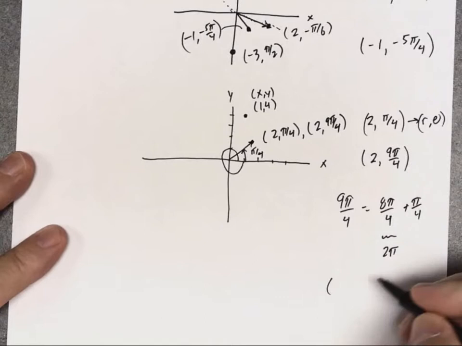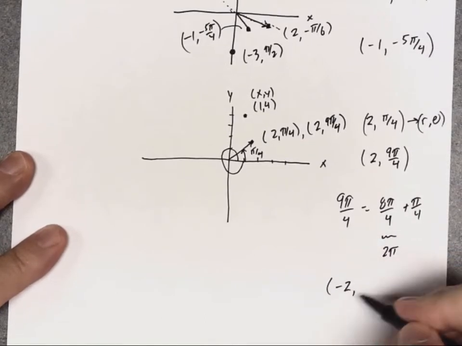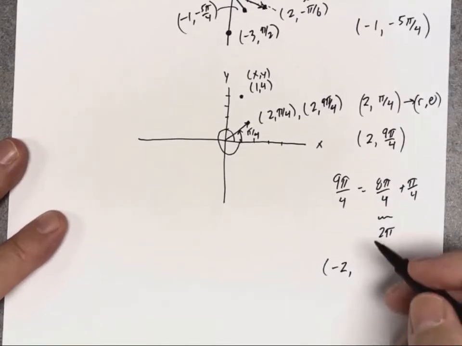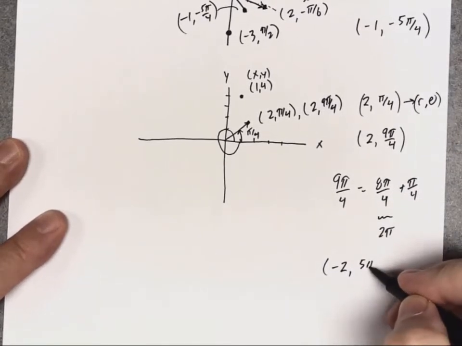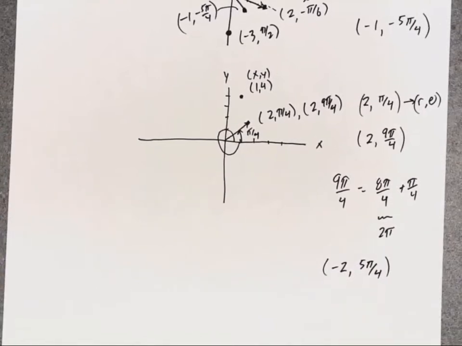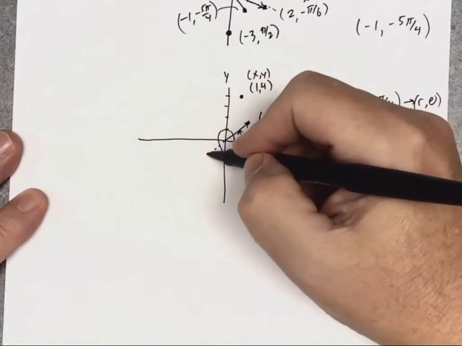Just for fun, how about if we go plot the point (-2, 5 pi over 4). Let's go plot that point on this same graph. So 5 pi over 4 is actually over here.